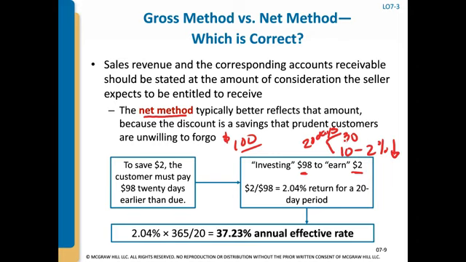And when you convert that to an annual effective rate, it converts to 37.23%. So it's like investing $98 and getting an annual return of 37%. Almost anyone, if they could afford it, would definitely make that investment. So to the extent that the buyer can afford to pay that invoice early, they probably would. And therefore, the net method is just a better reflection of what's going to happen.